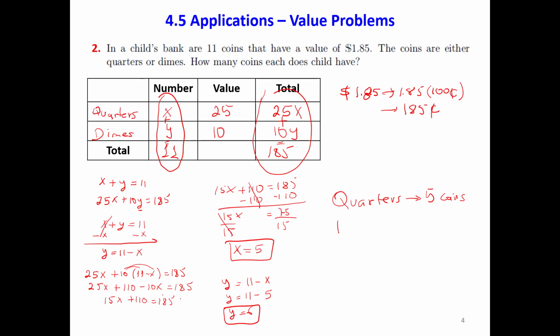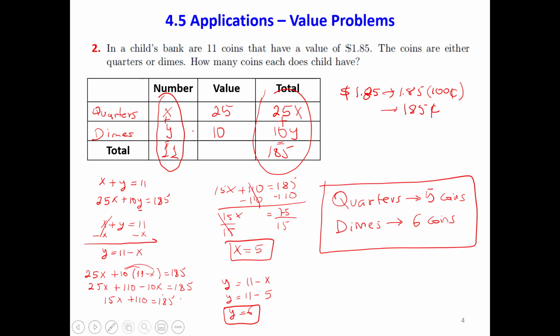In case of dimes, which is y, we had 6 coins. And if we add these numbers together, 6 plus 5, we had 11. This is the value we expected. And these are the answers.